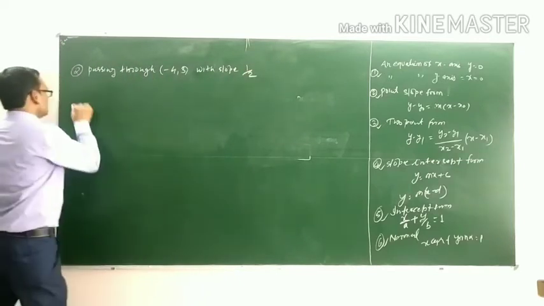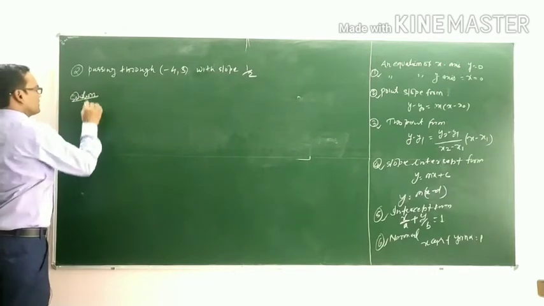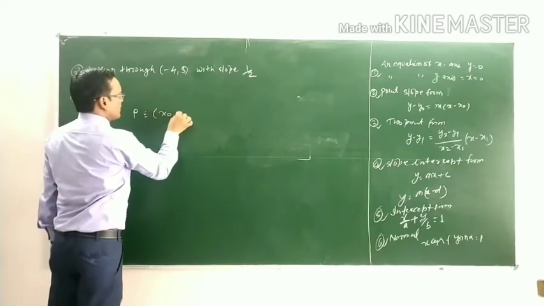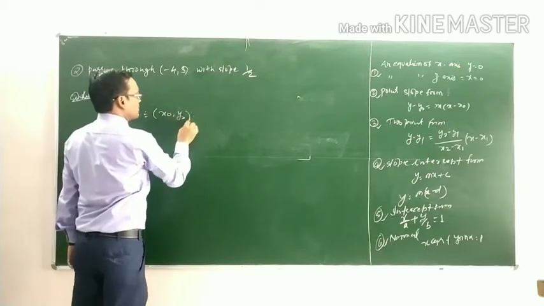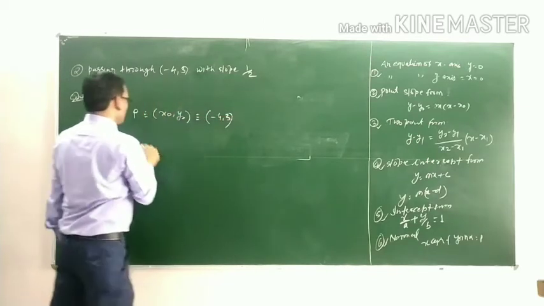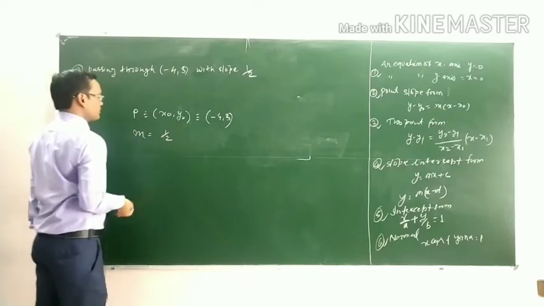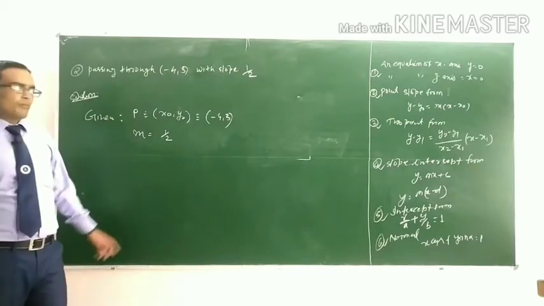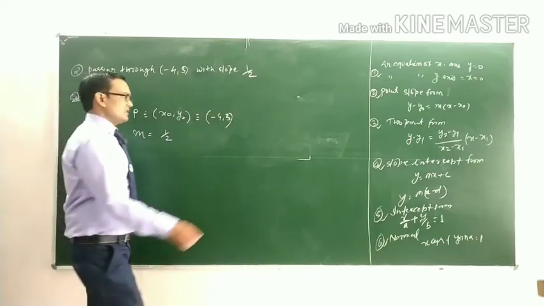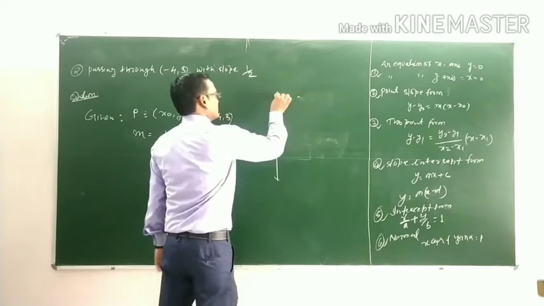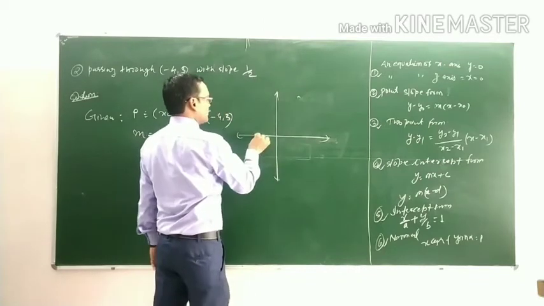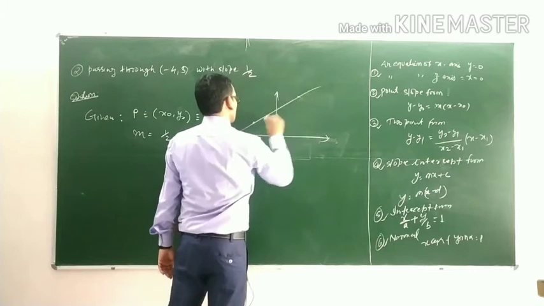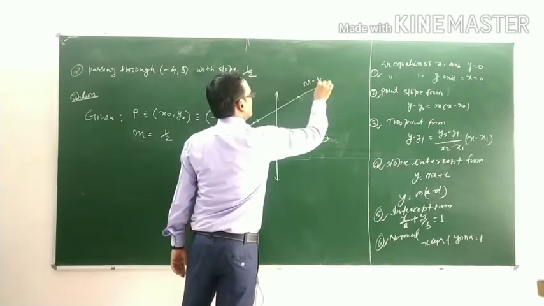Here the point x0, y0 is minus 4, 3 and the slope of the line is 1 by 2.